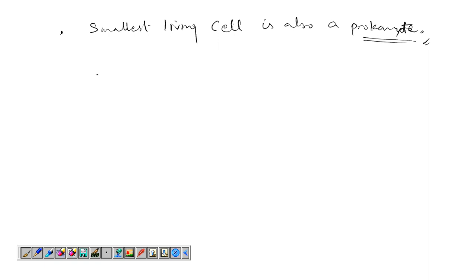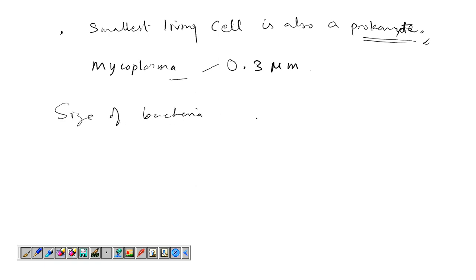Prokaryote gives us the smallest living cell, which is mycoplasma. The size is around 0.3 micrometer. When we compare the size of mycoplasma with the size of bacteria, which is in the range 3 micrometer to 5 micrometer, we can simply see that mycoplasma, the smallest living cell in this world, is 1/10 the size of the bacteria.